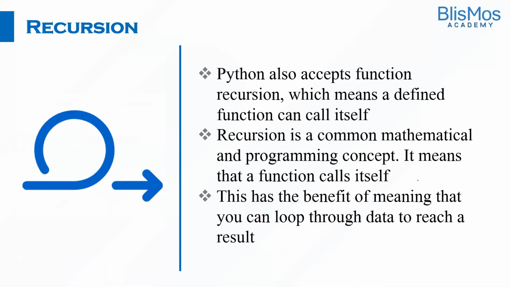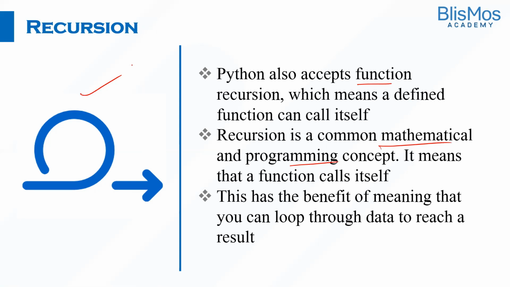The last thing before we wind up this lecture: Python also accepts function recursion. What does it mean? Recursion, a mathematical programming concept, is a function calling itself. You can see it right here. A function is calling itself, that is called recursion. This definitely has a benefit, so that we can loop through the functionality one after the other.